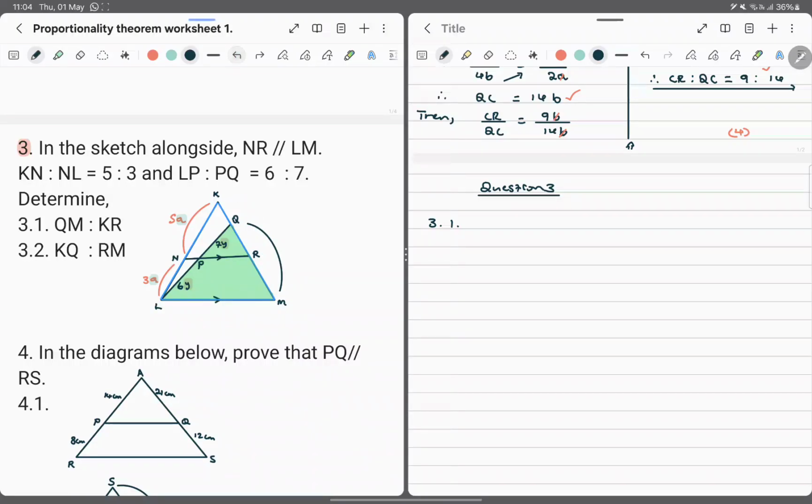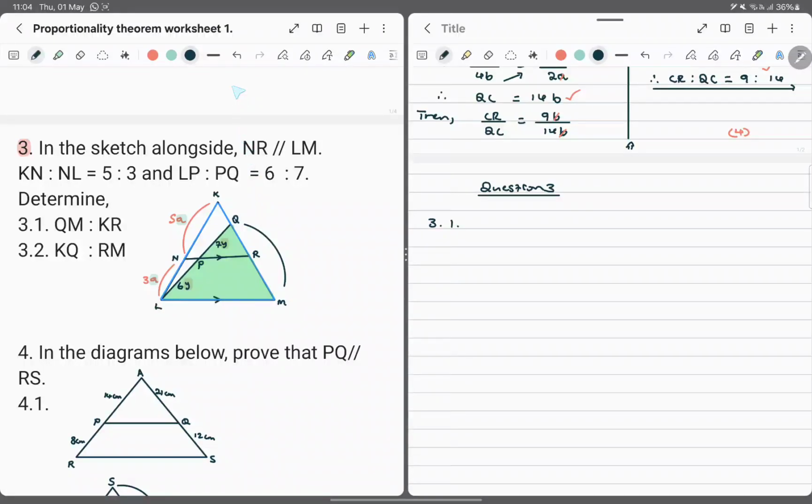So the strategy to do this for me is to check what is common to both these two triangles. Well, sometimes it may not be too obvious. But if you look at QM or even KR, it doesn't matter which one really one looks at. We can look at KR as common because we can see KR includes a portion of QM, or we can choose QM because it also includes a portion of KR.